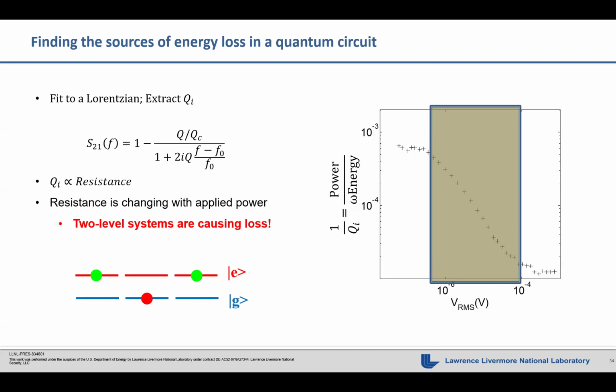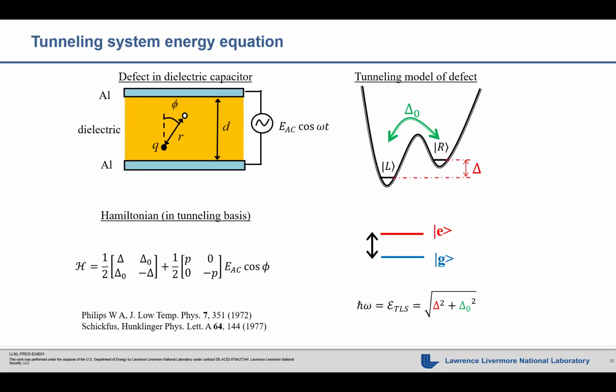When you put too many photons in your qubit, in your resonator, you saturate the 2-level systems, and they can no longer accept any more energy. And so you actually have a reduction in power loss when you go to higher energies. This is a signature. This is telling us that these are actually 2-level systems. These are qubits in our materials that we're using.